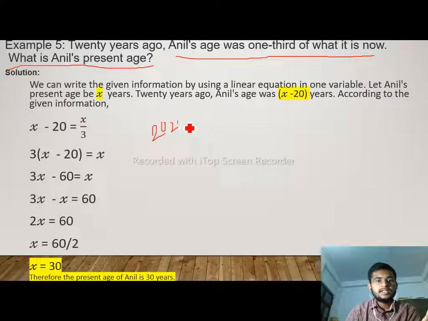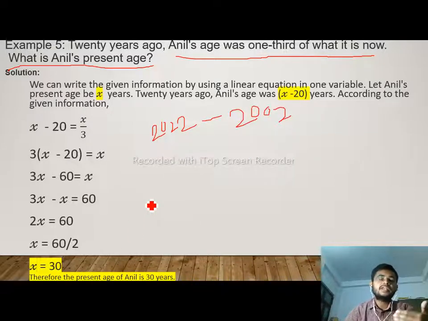That means 20 years ago means 2002. Yes, 20 years before, Anil's age was one third of what it is now. So we have to find Anil's present age.